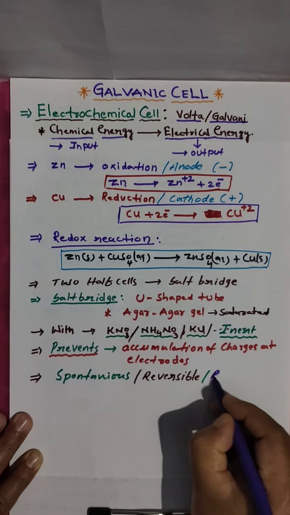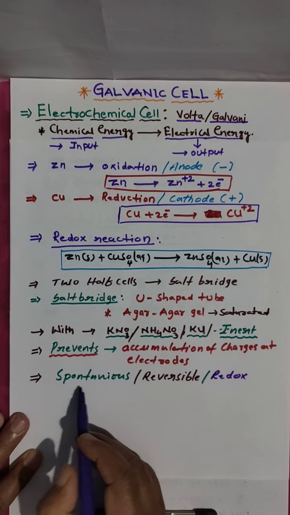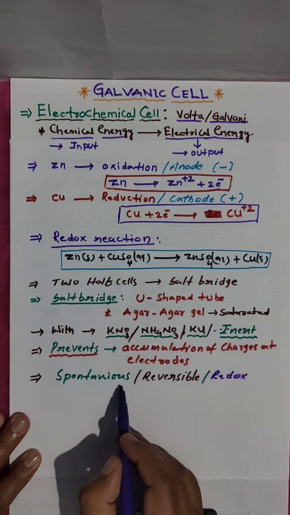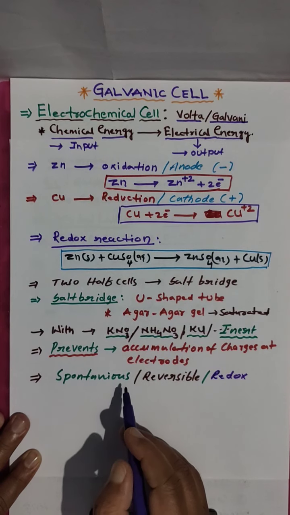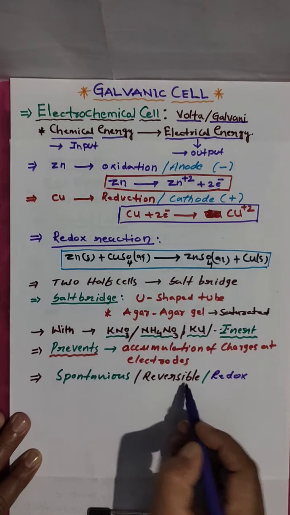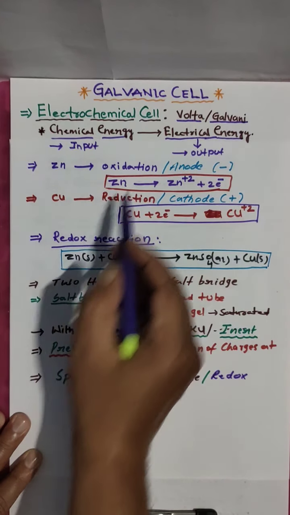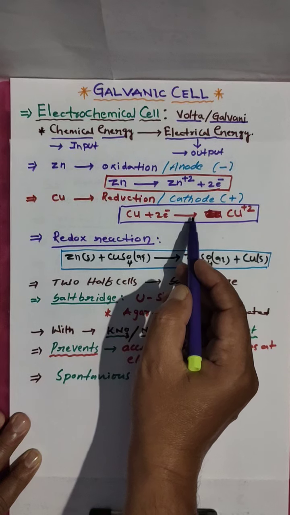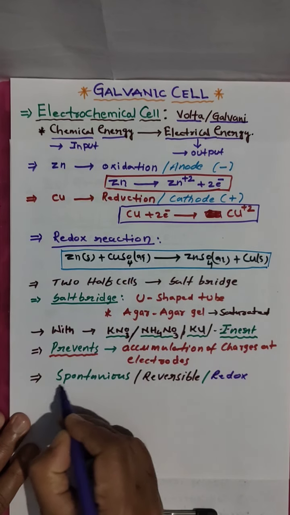These three terms you have to remember. In a galvanic cell, the reaction takes place spontaneously, on its own. We are not giving any battery, and it can be reversible, and it is a redox reaction. I explained already: zinc oxidation and copper reduction both undergo simultaneously. That's why it is called a redox reaction.